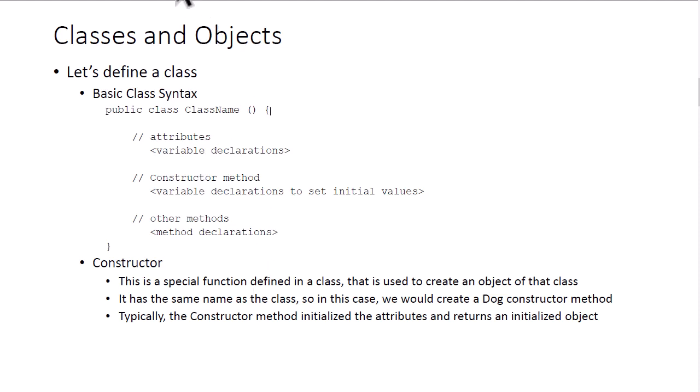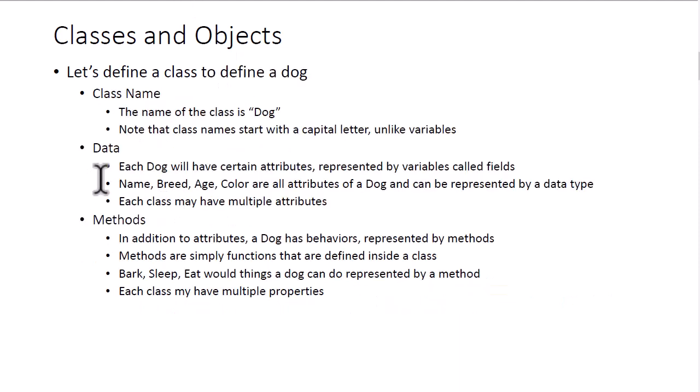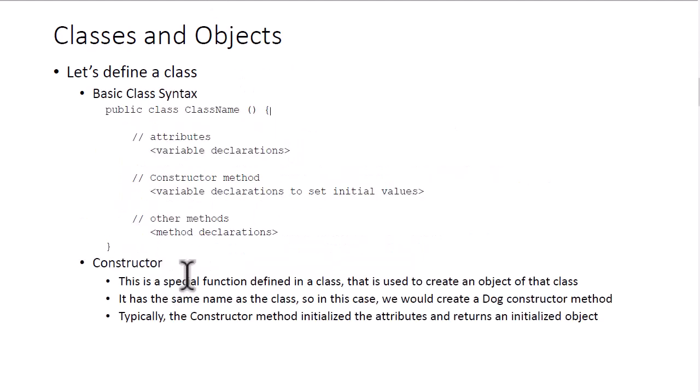So when we create our dog object, we want to give each one a name, a breed, an age, and a color. And we can use the constructor method to do that for us in one statement. It's a way of initializing the object to its default values, similar to how we would initialize primitive data types to a value.